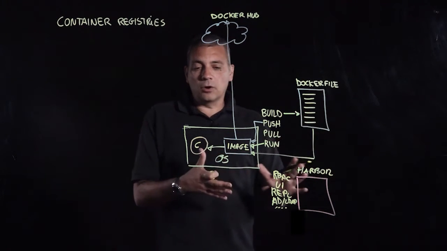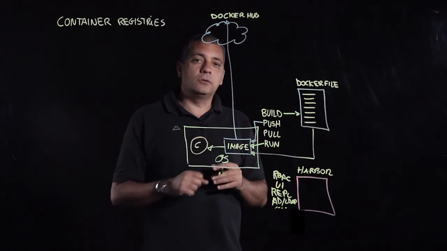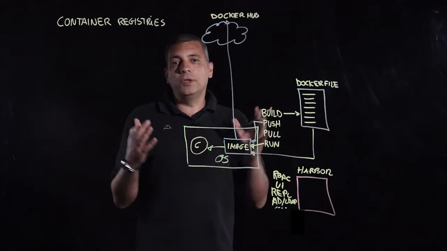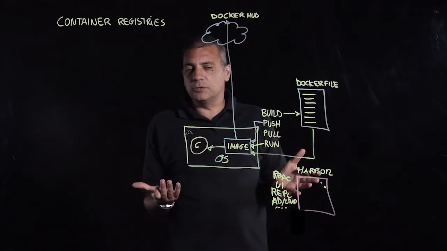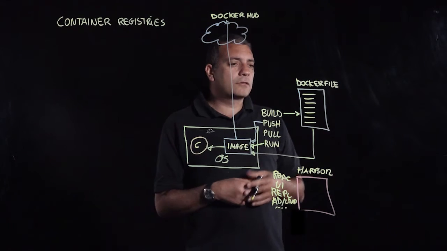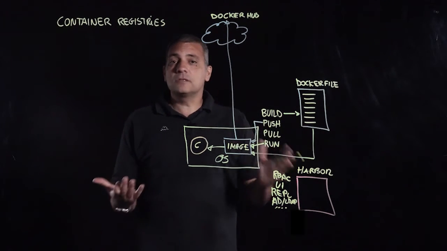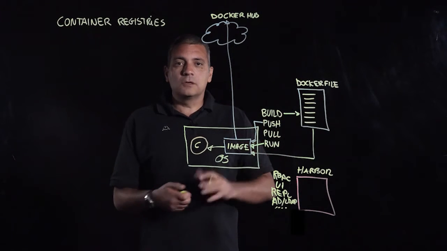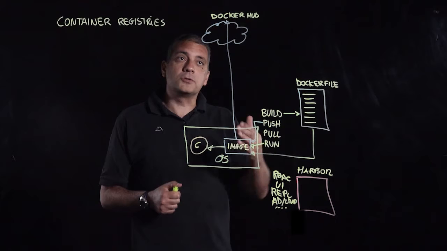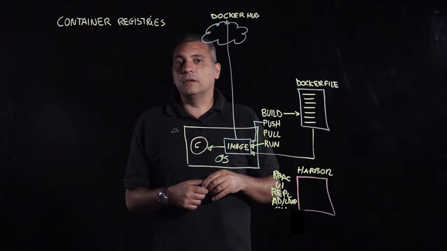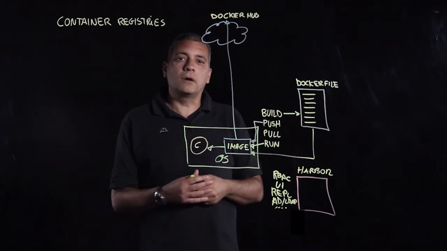So why are people interested in doing this versus going into Docker Hub? We came across a number of different use cases, the three most common of which are latency and speed. If you have to push a large image or multiple large images to Docker Hub on the internet, you have the internet as a roadblock, obviously.